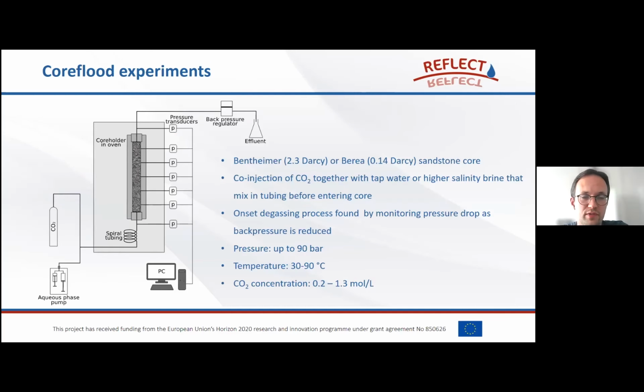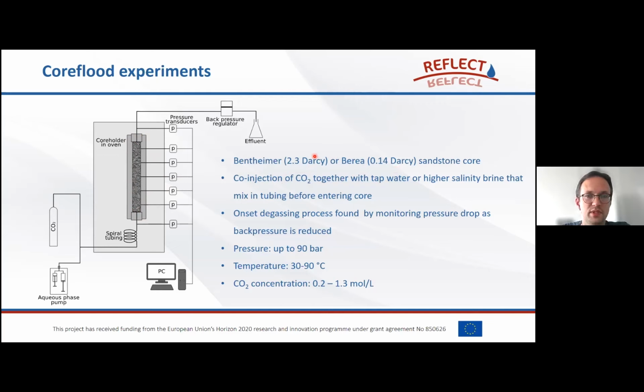And then to briefly talk about our other set of experiments, the coreflood experiments. So this is a brief schematic of what the experimental setup looks like. We have either a Bentheimer core or a Berea core, so it's high or low permeability.